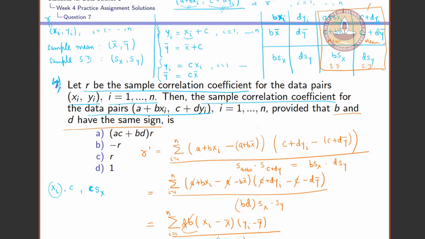Whatever the sign of b and d be, it will always be sum over xi minus x bar into yi minus y bar divided by sx into sy, i varying from 1 to n. That is nothing but the sample correlation coefficient between the data pairs xi, yi that was given to be r. So the correct answer is C, r.